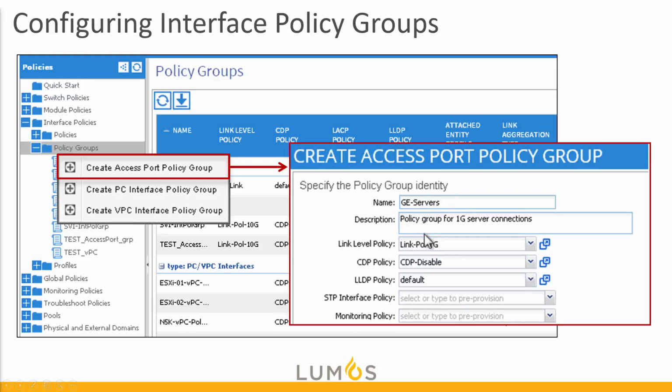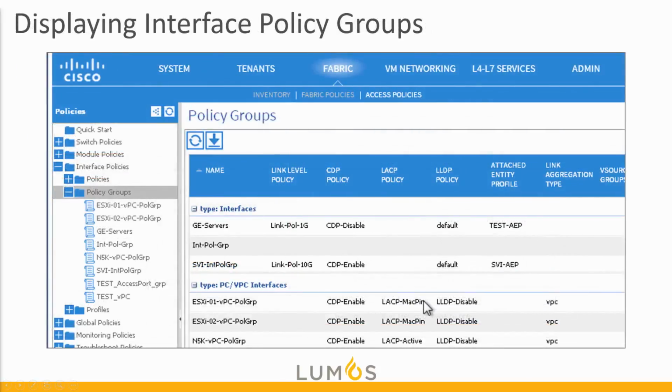We would give it a name, possibly a description, optional, and then specify whichever policies we want to incorporate and have different than the default. If we simply omit a policy, it goes to the default. From there, we can take a look just by clicking on and seeing all of our policy groups, and it enumerates all of their settings.